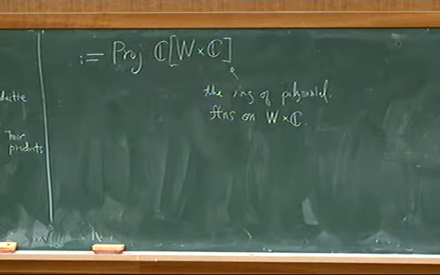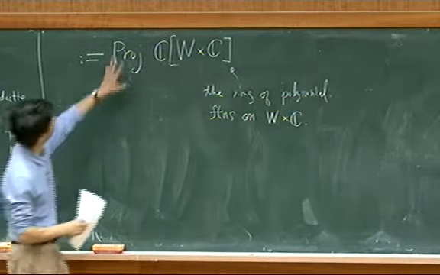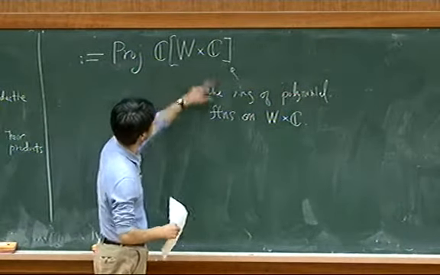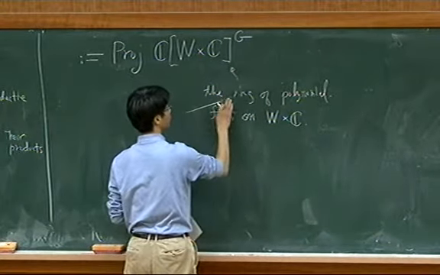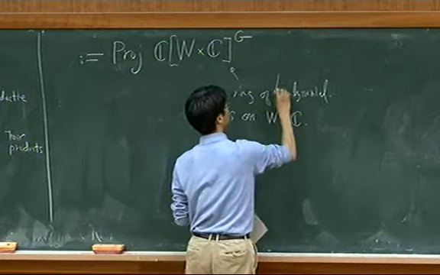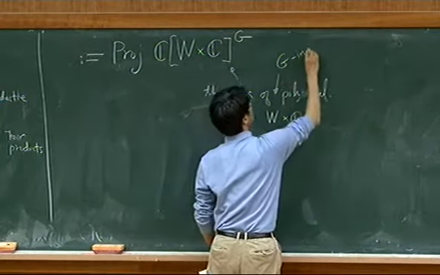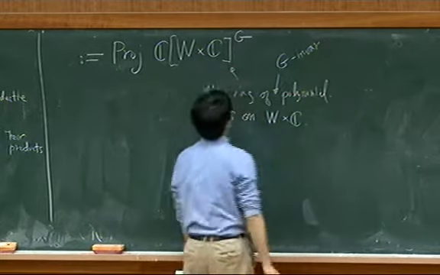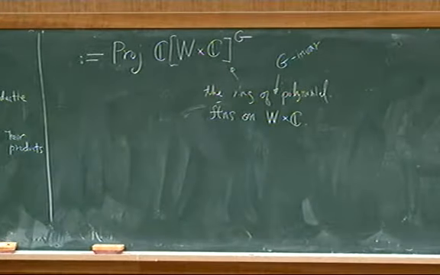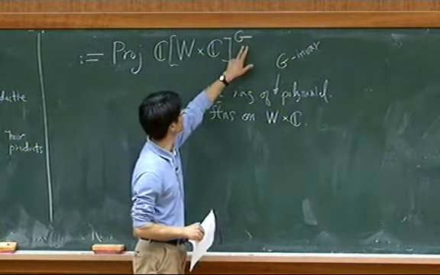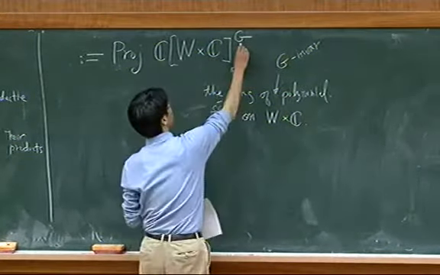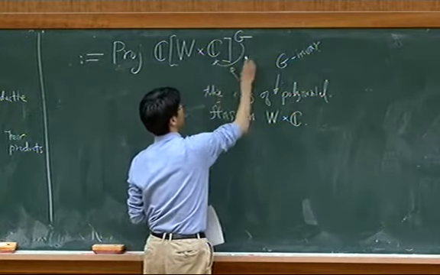But we would like to take a quotient, so why not just take the G invariant part of this ring? So that's the definition of this quotient. Here, I have to specify how group G acts on C, that will be acted on by that character theta.